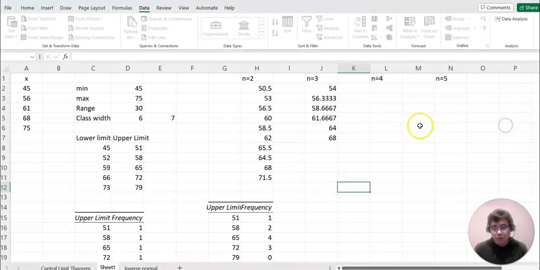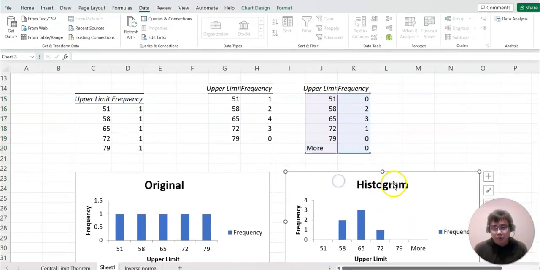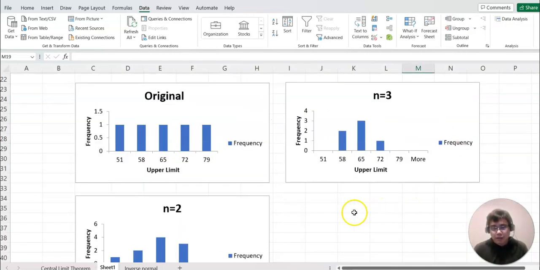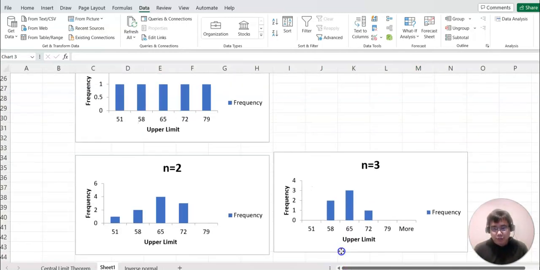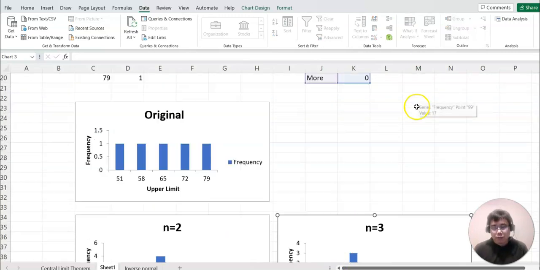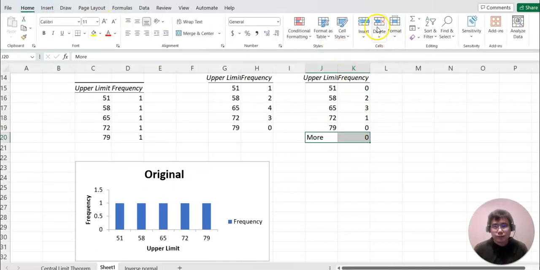Now we have this data, so I'm going to name it n equal 3. I'm going to move this down next to n equal 3, and also delete this extra part so we only see the data part here.